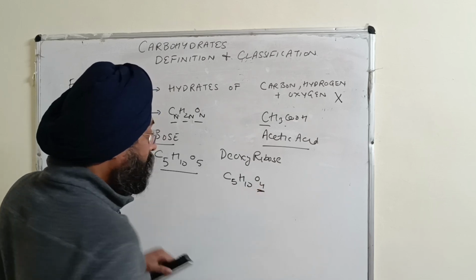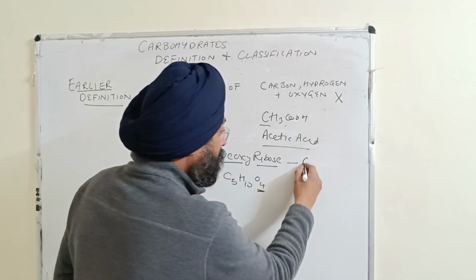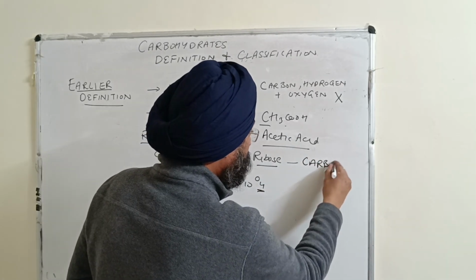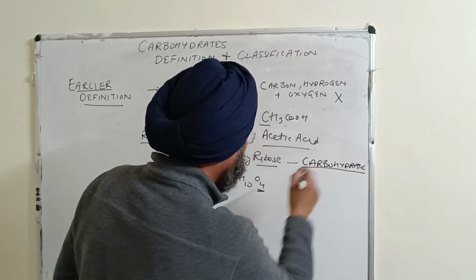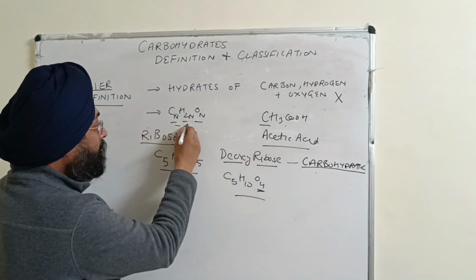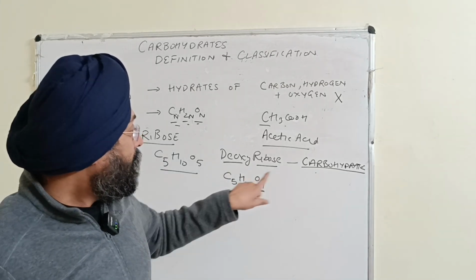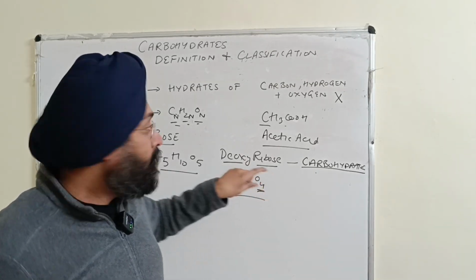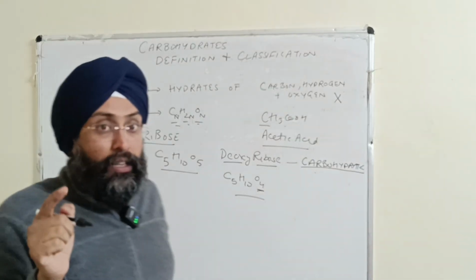C5H10O4, right? Now this is deoxyribose and it is a carbohydrate, right? But it does not obey the formula CnH2nOn because we have 4 here, but it is a carbohydrate. So this definition is not 100% correct.